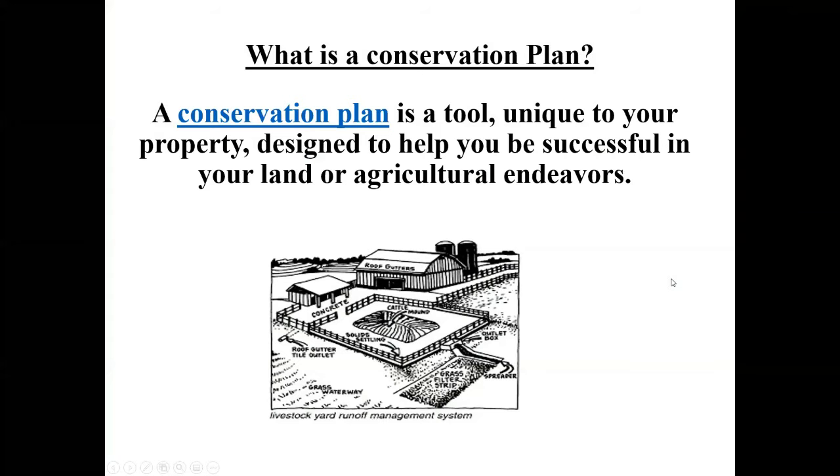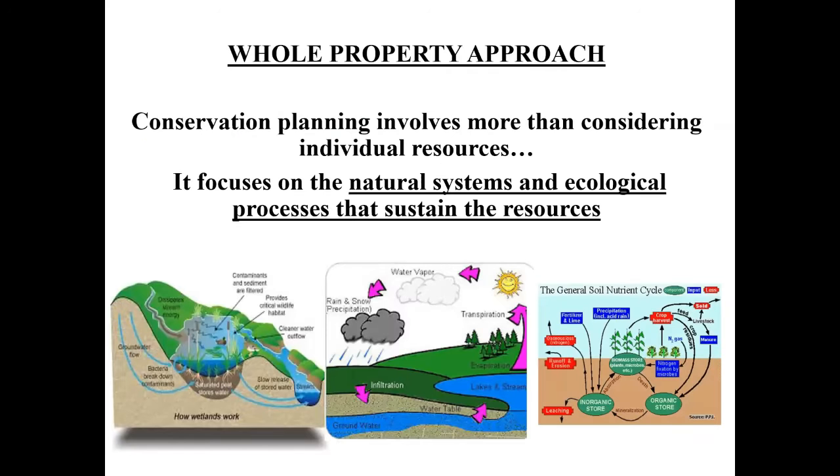Okay, so what is a conservation plan? A conservation plan is a tool unique to your property designed to help you be successful in your land and agricultural endeavors. Basically, we want to be efficient with the resources we have available to us. So we like to take a whole property approach instead of looking at just the soils or the vegetation.